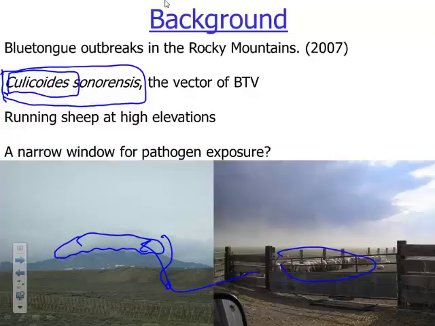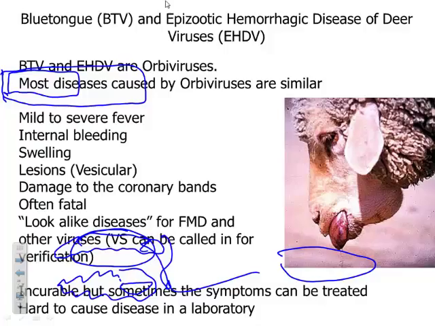Those would be the male sheep, intact male sheep, at low elevation. And so there's been an ongoing disease epidemic down here at low elevation while your immune population is up here that sees no disease. So they come down late summer and fall, and they get exposed to the virus, and they only have a narrow window for this exposure because once you get into September, it's going to start freezing and you just don't see biting midges.